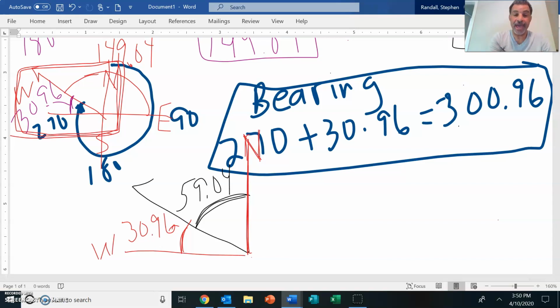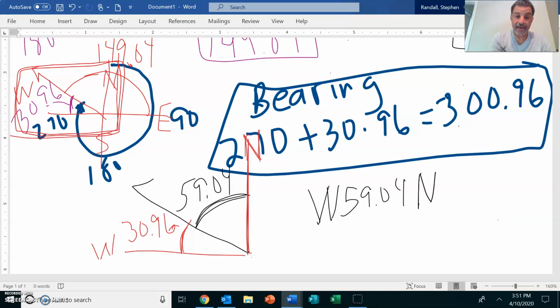So our map bearings would either be, if you have 59.04, that is going in the west direction, starting at north.